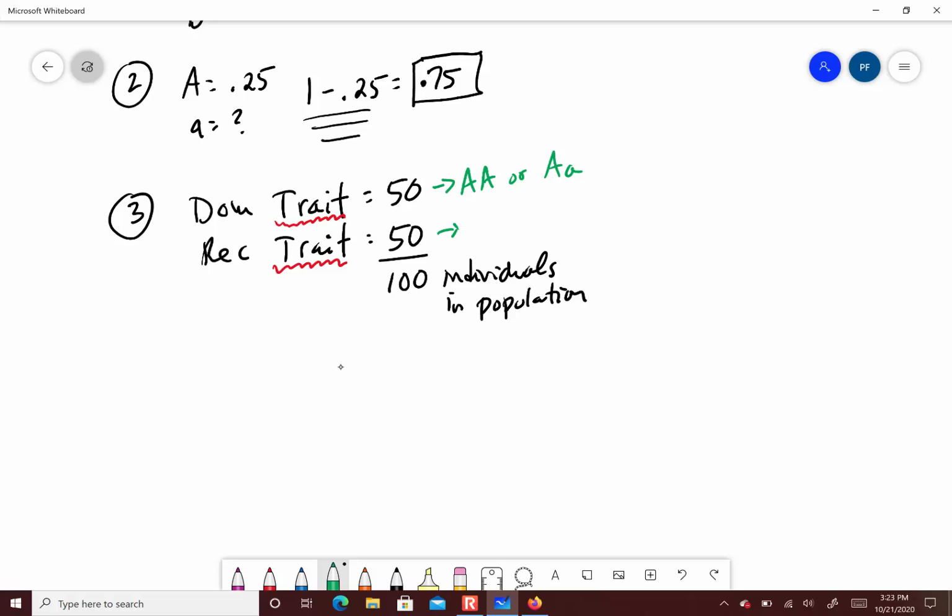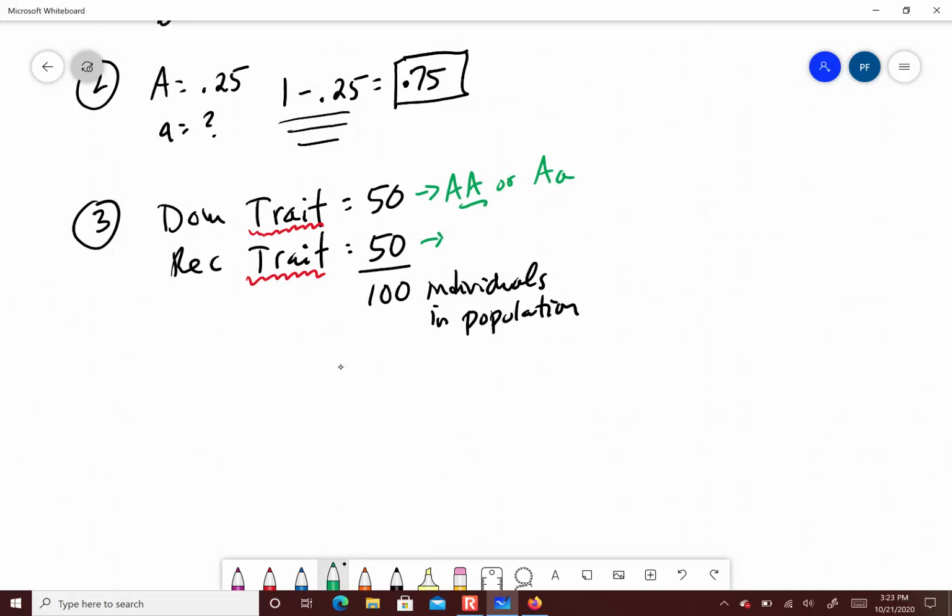If we look at something and go, oh, purple flowers, that's a dominant trait, that's great, but we still don't know which genotype it has. We don't know if it's this or this. But the recessive trait must be homozygous recessive. So this we absolutely positively know, no doubt about it.